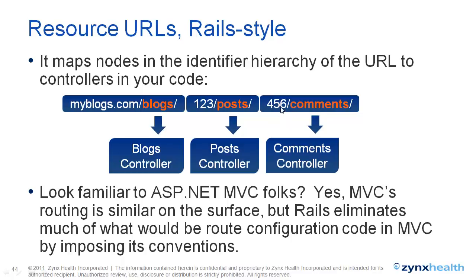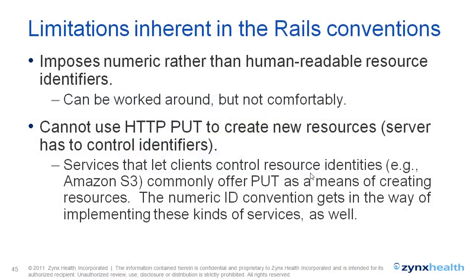And in this case, the fact that IDs are numbers simplifies the relating to database records case, which is by far the most common. But because of it, also, for one thing, you can't have nice human-readable resource identifiers in the URL in case that's something that you wanted.